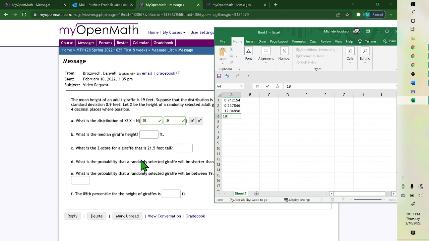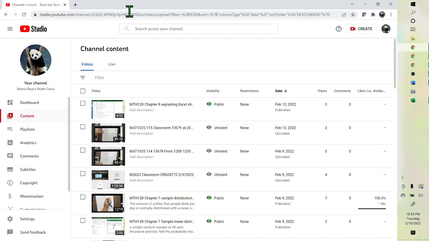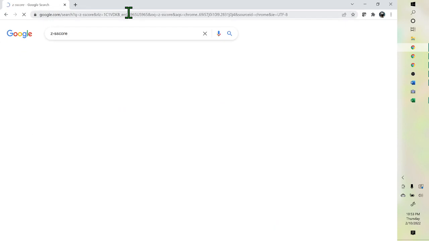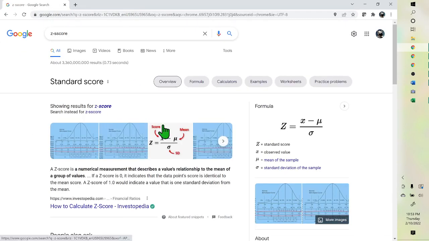What is the z-score for a giraffe 21.5 feet tall? The z-score is x minus your mean divided by your standard deviation.